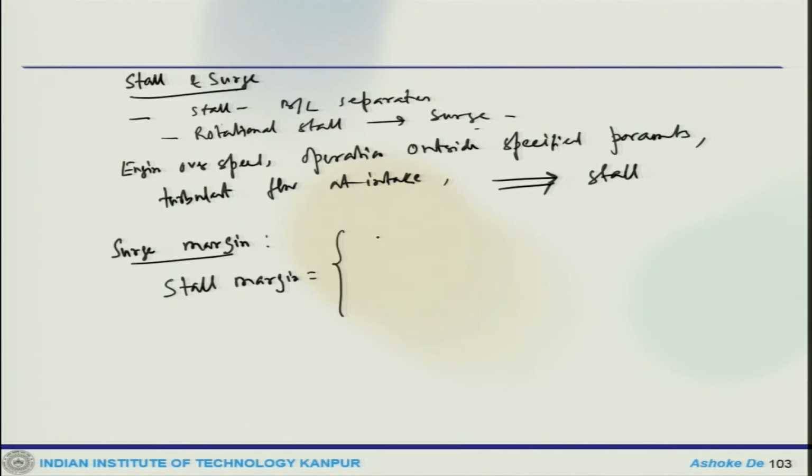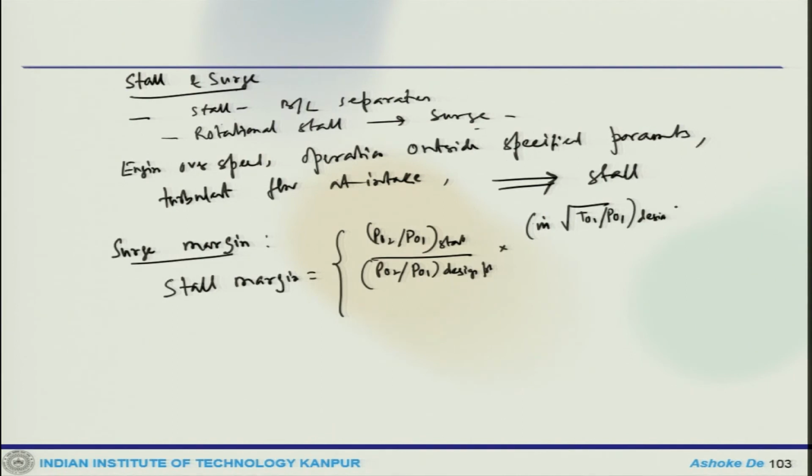It will be P naught 2 by P naught 1 at stall, over P naught 2 by P naught 1 at design point, into m dot T naught 1 by P naught 1 at design point, divided by m dot T naught 1 by P naught 1 at stall, minus 1, as a percentage. So, these are some of the ways one can represent these things.